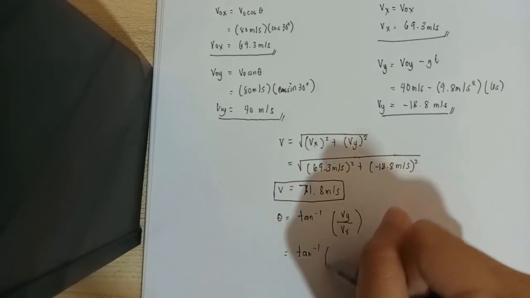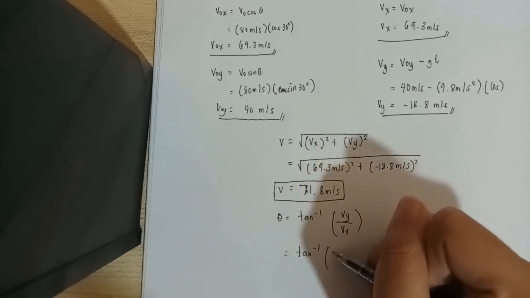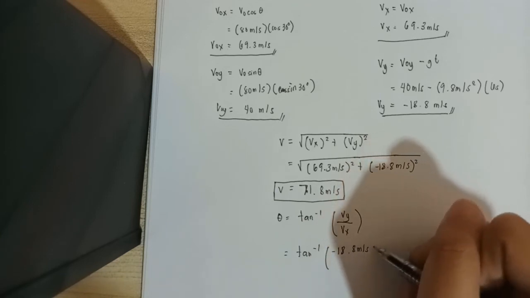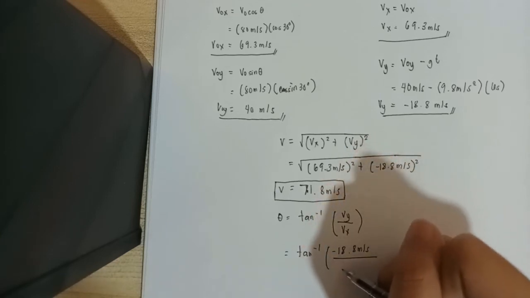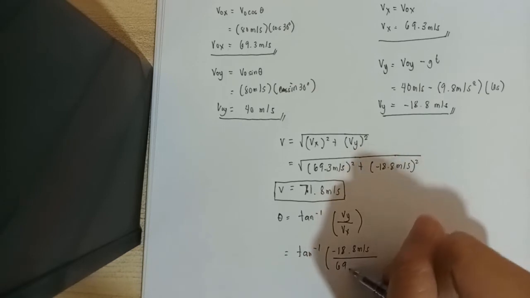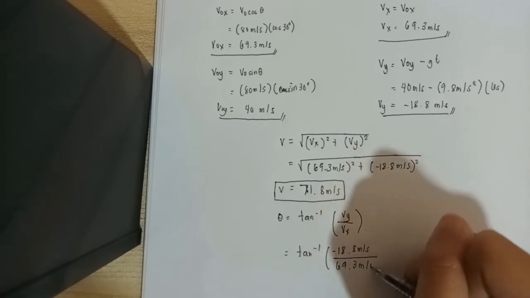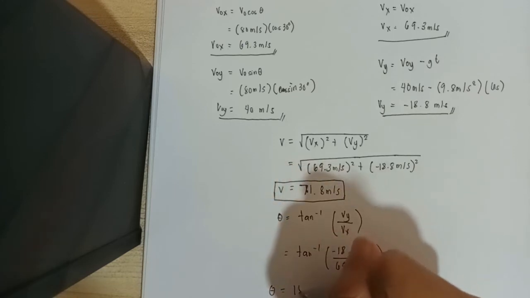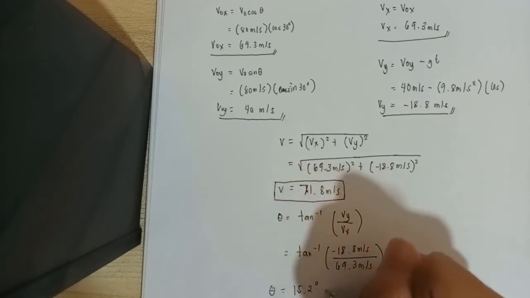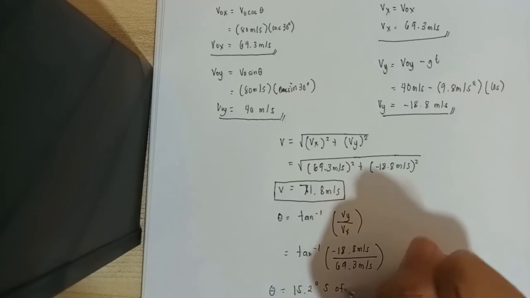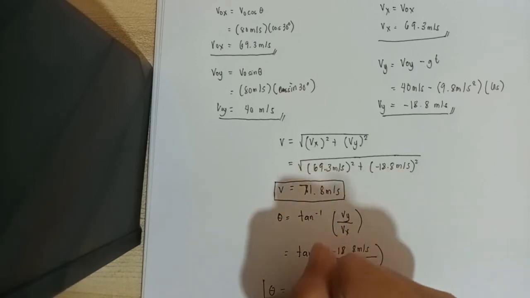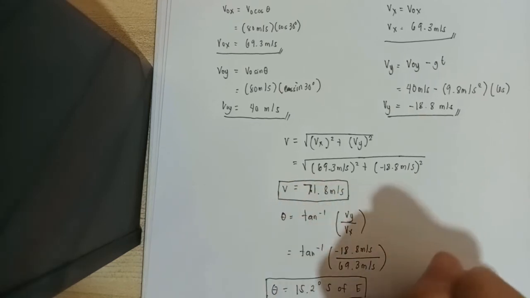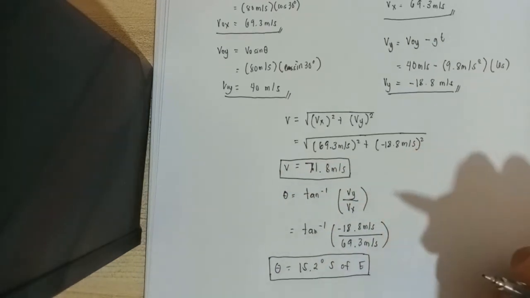So arctan negative 18.8 meter per second divided by 69.3 meter per second. That will yield theta is equal to 15.2 degrees south of east. So that will be the position.